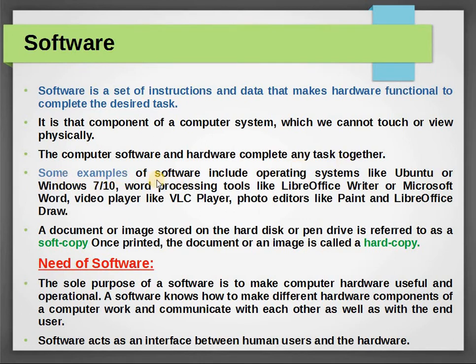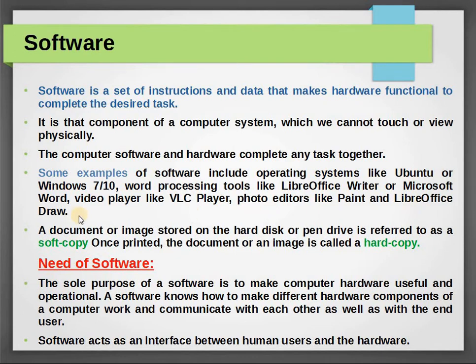Some examples of software that we see in our daily life include operating systems like Ubuntu, Windows 7 or 10, word processing tools like LibreOffice Writer and Microsoft Word, video players like VLC Media Player, and photo editing software like Paint or LibreOffice Draw, and many more.